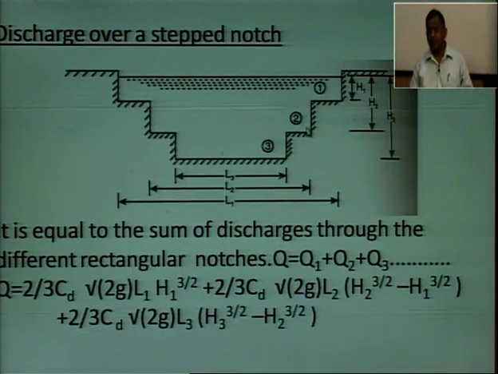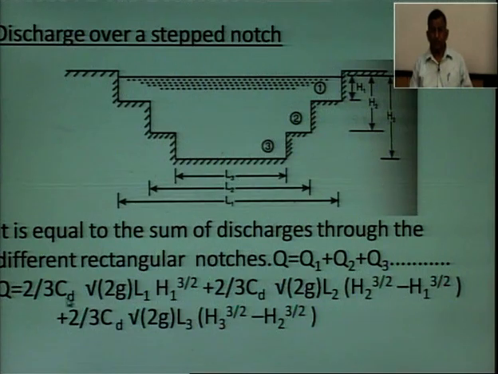For the second one, we take the value for H2 and subtract for H1. For the third one, we take the total for this value from the height H2, calculate for H3 and subtract for H2. So the formula is equal to the first one plus the second one plus the third one.